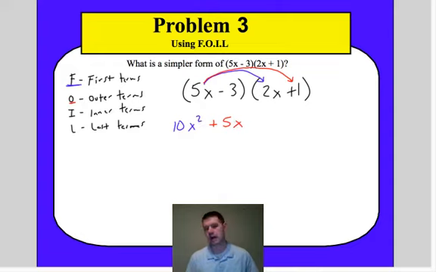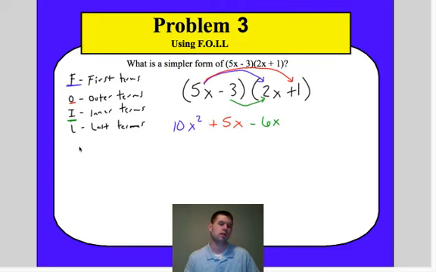After I do that, I move on to the I, which is the inner. The inner is now the inside terms of the binomials. So I take the negative 3 and multiply it by the 2x, which gives me a negative 6x.